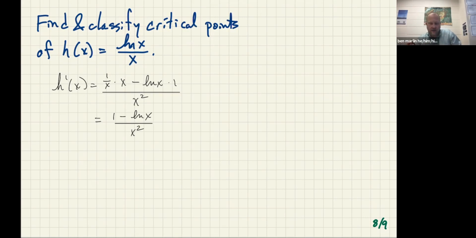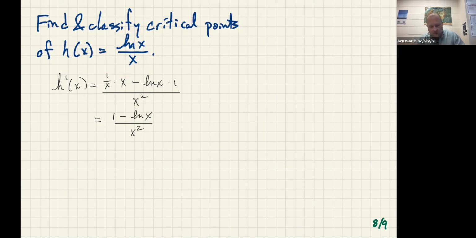So you take a look there and you'd spot that you could have the denominator equal to 0, right? That would give you a 0 division error. But because we're dealing with log x divided by x, we didn't have 0 in the domain.